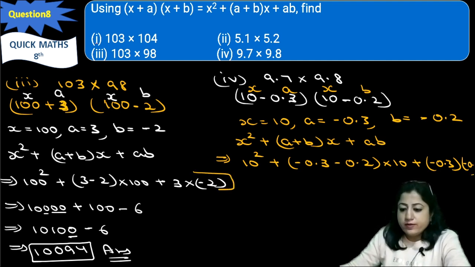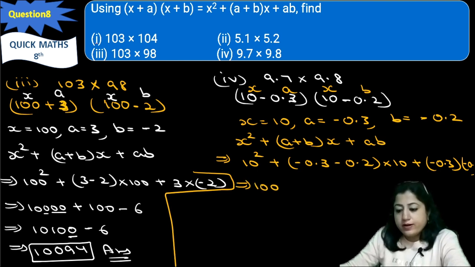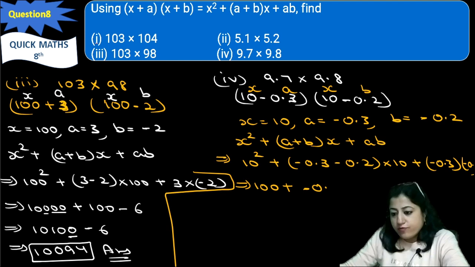So it will be 100, 10 square is 100. So it is minus 0.3 minus 0.2, both are of the same sign, means they will get added and the sign will be of the greater number, that is negative. So it will be minus 0.5 into 10.